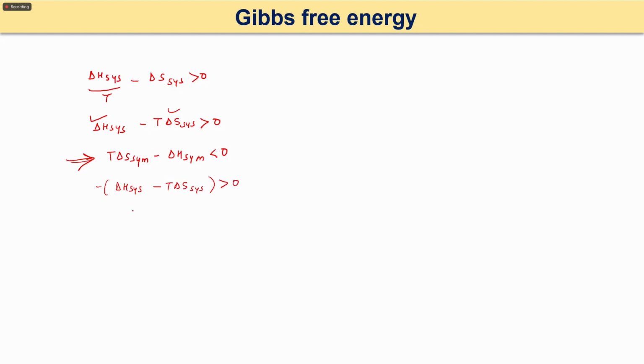Your delta H minus T delta S is the Gibbs free energy, that is your delta G. This means for a spontaneous process, your Gibbs free energy change will be less than 0.